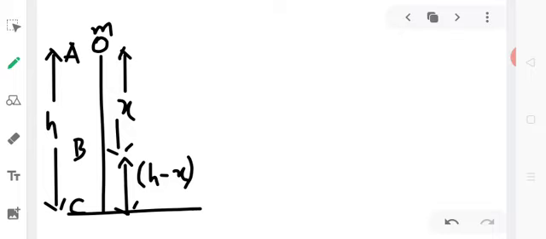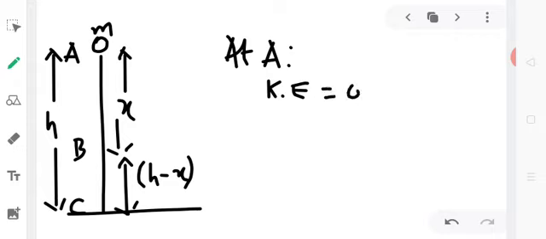M is the mass of the body held at a height h above the ground. So as the body is at rest, at A, kinetic energy is equal to 0 and potential energy is equal to mgh.